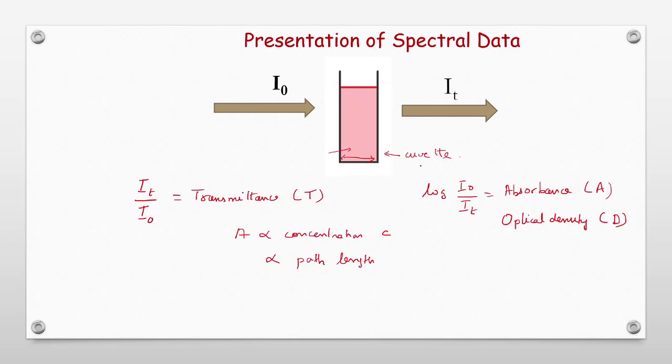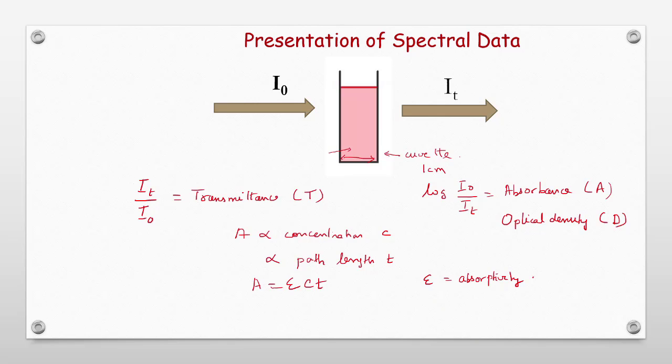And usually this is 1 centimeter. So we can write A is equal to a proportionality constant epsilon into C into T, where T is the path length. And the proportionality constant epsilon is called the absorptivity.